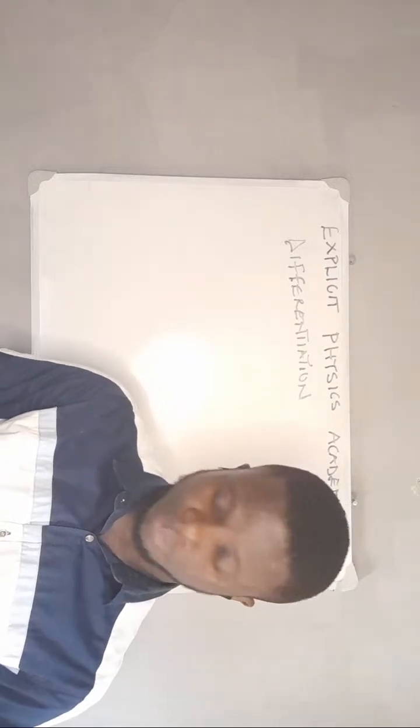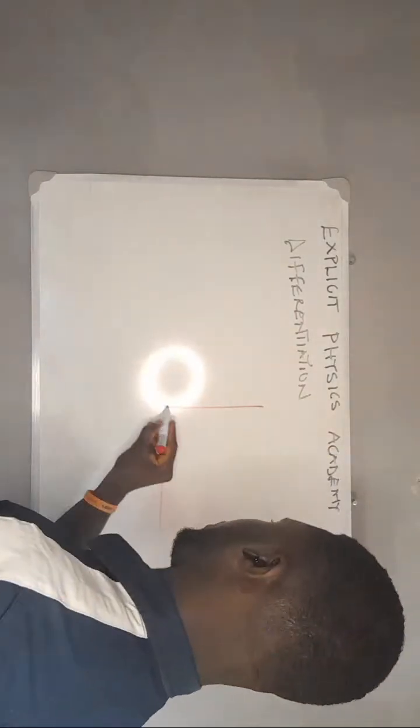It's been quite some days since we had our first class on differentiation. So today we're going to be talking about differentiation part 2. We did much of the fundamentals and some basics of differentiation, how we got about differentiation, and we found out that it was really helpful for us to understand from the basics what happens when we have a straight line graph and what happens when it's a curved line.